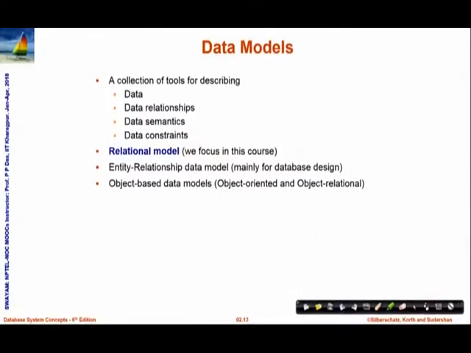Next is object based data models. You would all be familiar with the fact that objects give better power to represent the system. Objects are not like simple strings or numbers or characters. They are an encapsulated concept of an entity which can be manipulated in a certain way.